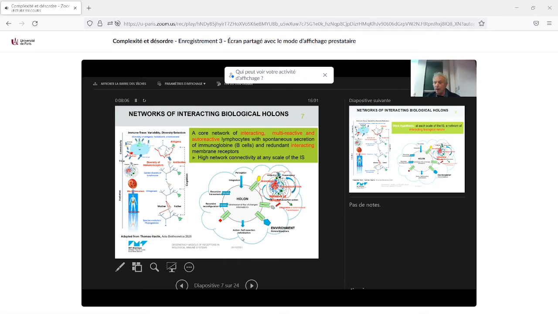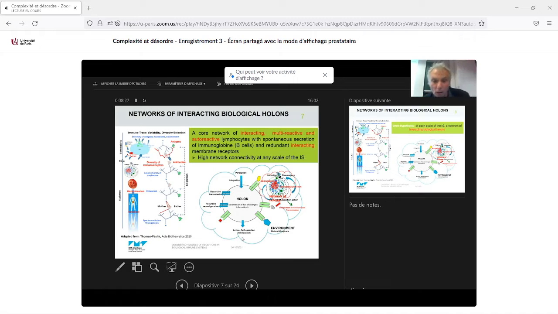And you face also redundant interacting receptors. And these networks have a very high connectivity. And as I mentioned at the beginning of the talk, we think that the appropriate notion to encompass this behavior is the concept of how long.